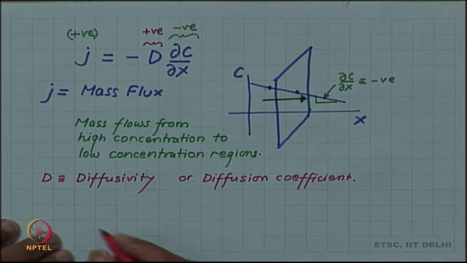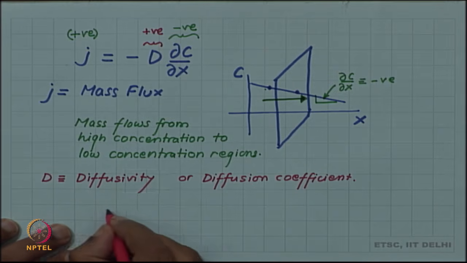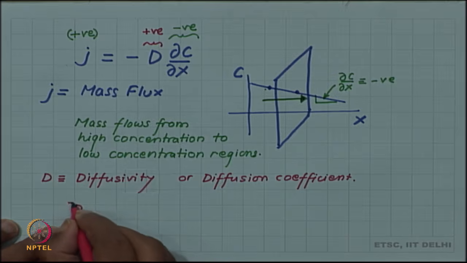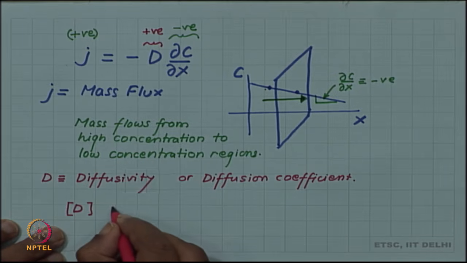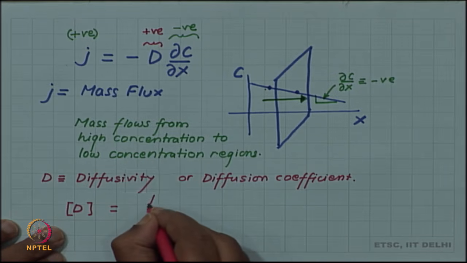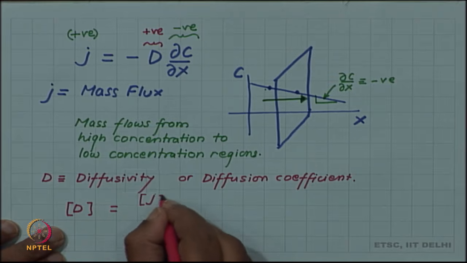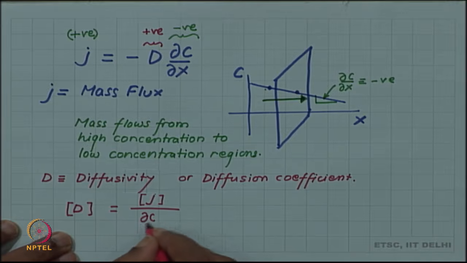I have already written the units for the diffusion coefficient. You can see the consistency: the dimension of D will be the dimension of J divided by the dimension of the concentration gradient.